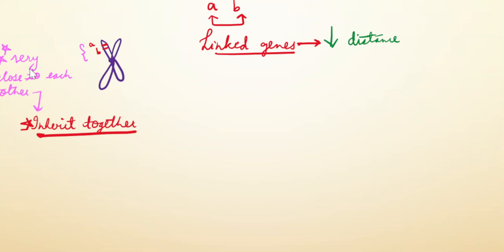If they are very close to each other, then they will not participate in crossing over, because it will be very difficult in this lesser space to make chiasmata.